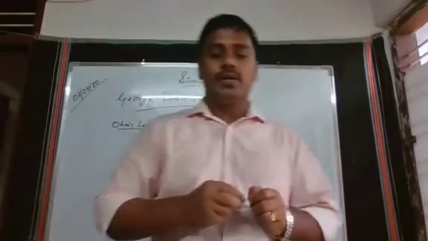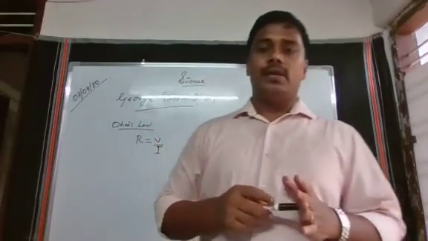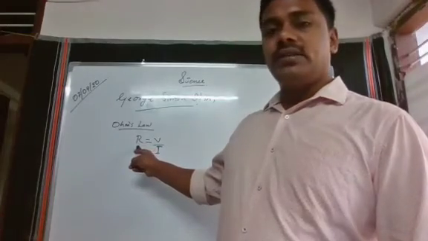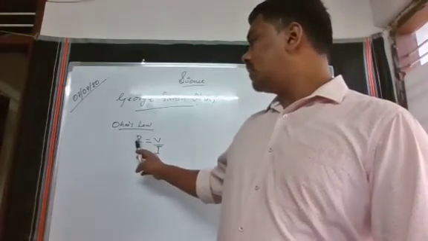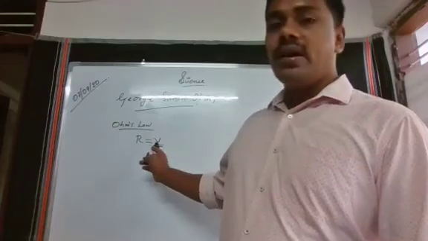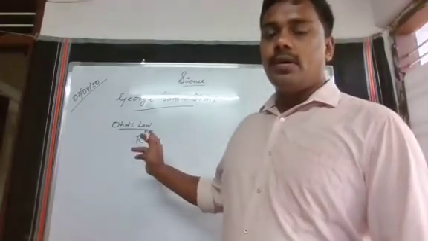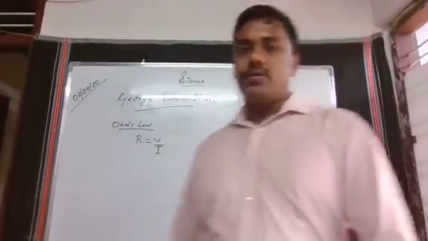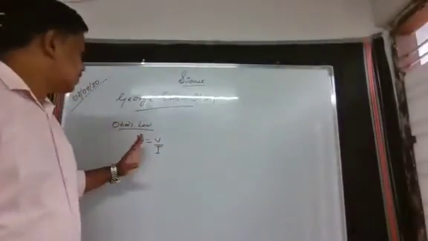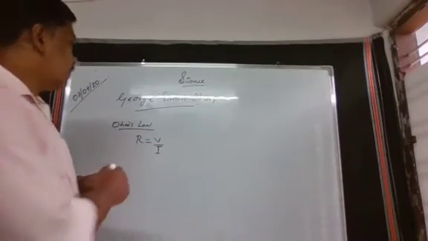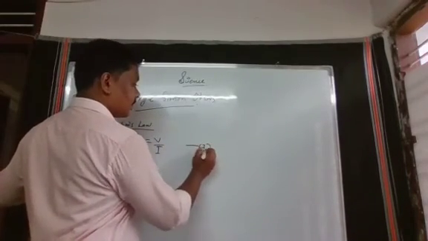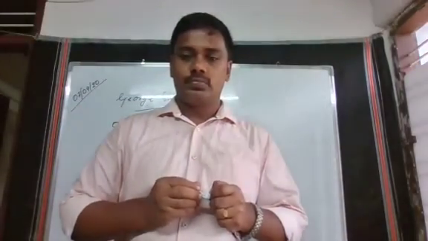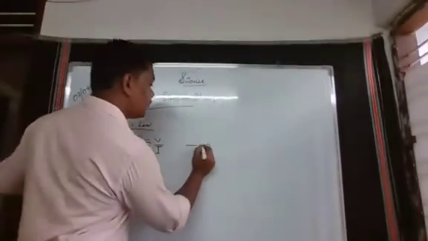That constant is resistance. How are we getting it? By plotting the graph of potential difference against the current flowing through it. So the resistance R is equal to V by I. So this is the third.